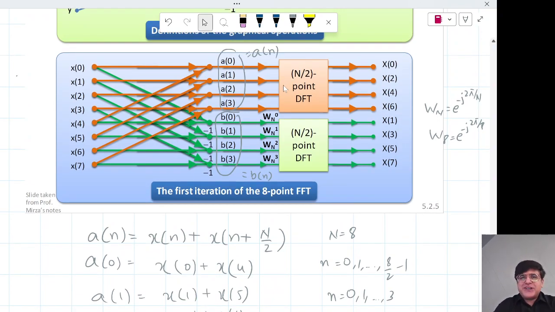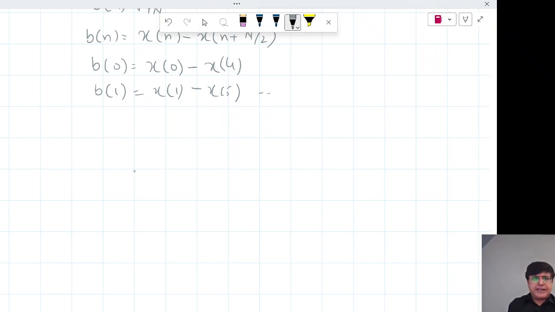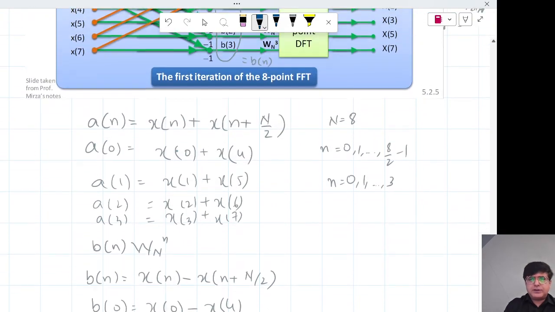Okay, so moving on, let's look at this guy, right? So we have as input a of 0, a of 1, a of 2, and a of 3, and you are giving that as input, right?